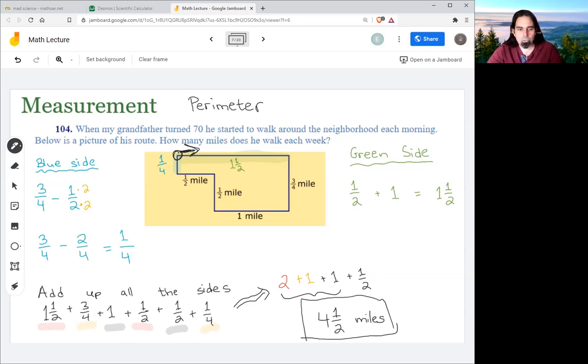A lot of students don't like this step, where you list all of the fractions going from left to right. They prefer to work directly from the picture, and that works great too. You could just as easily have said, look, there's my 1.5 and there's a half, I'll put those together and get 2.